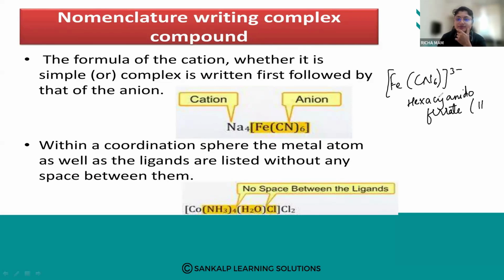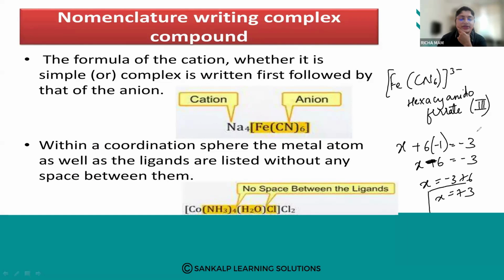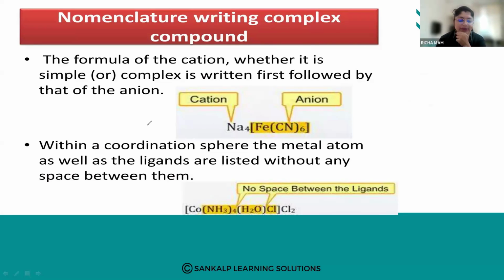The charge is 3. x plus 6 into minus 1 is equal to minus 3. x minus 6 is equal to minus 3, so x is equal to plus 3. So this 3 is represented in brackets. Okay, fine.